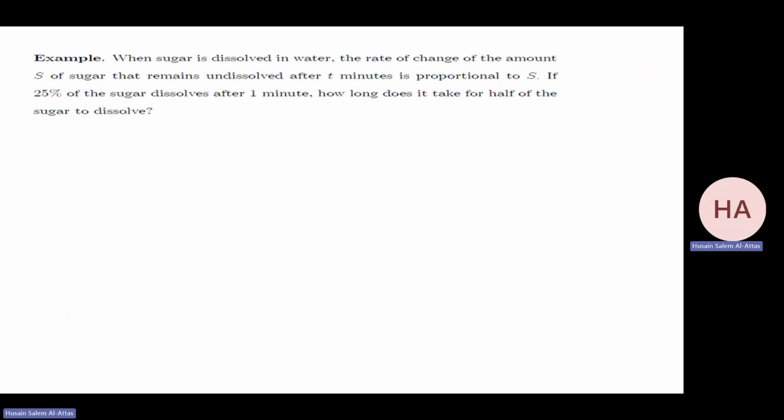Yeah. Sometimes you need to be careful about the statements written. Sugar is dissolved in water.